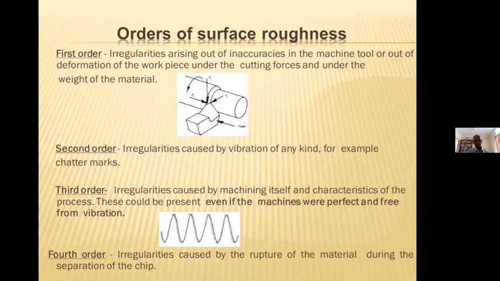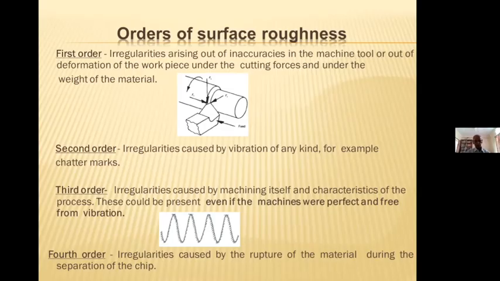Second order surface roughness: irregularities caused by vibration of any kind, for example, chatter marks. So when machining is in progress, there will always be some vibration because the workpiece and the tool post both are not absolutely rigidly held. There will be some deformation, and due to the machining process, there will be some vibration.